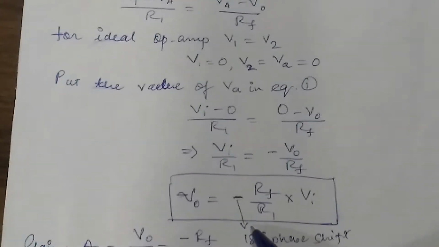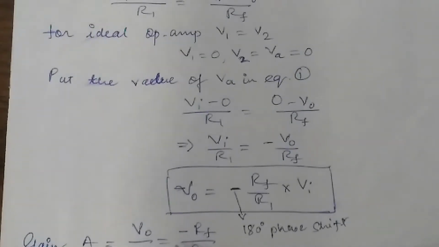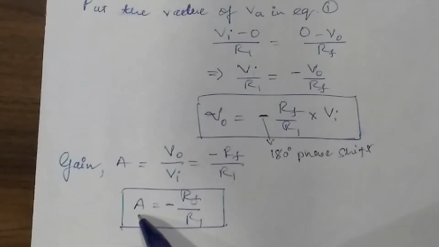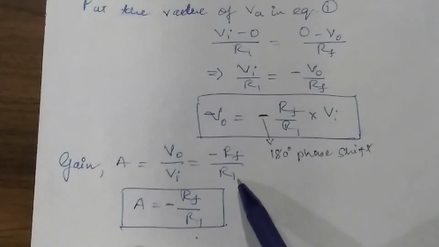And for the gain, A equals VO divided by VI equals minus RF divided by R1. So the voltage gain is nothing but minus RF divided by R1.